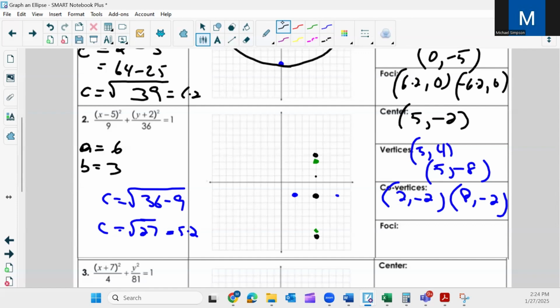So this is 1, 2, 3. All right. So it's 3.2. Everybody else got 3.2? Okay. So this is 5, 3.2. And then we go down now. This is 2, 3, 4, 5, 6, 7. 7.2. So it's going to be 5, negative 7.2.